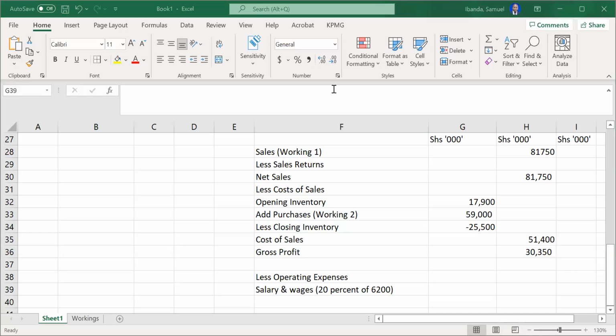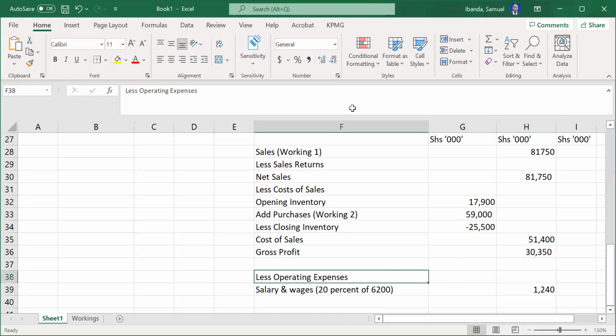So you can calculate 20%, 0.2 times 6,200. You get 1,240. Is everyone getting the same? And you agree? Okay.